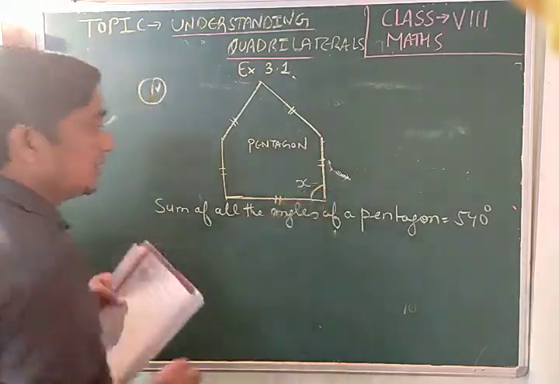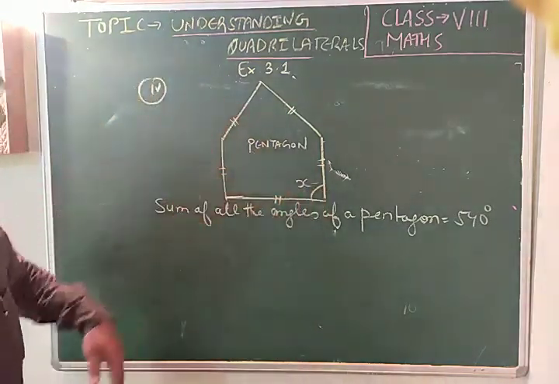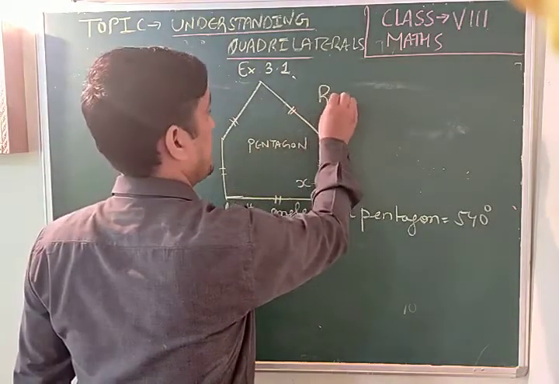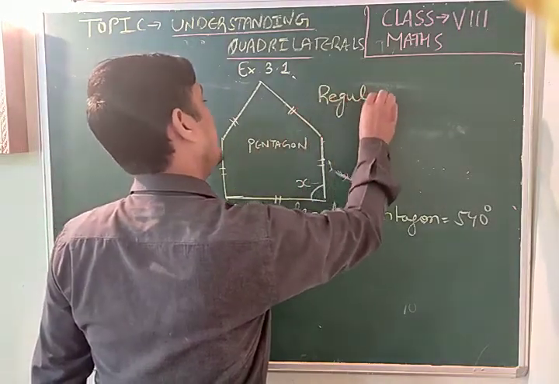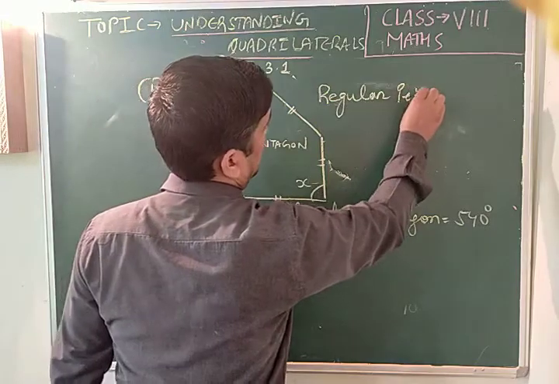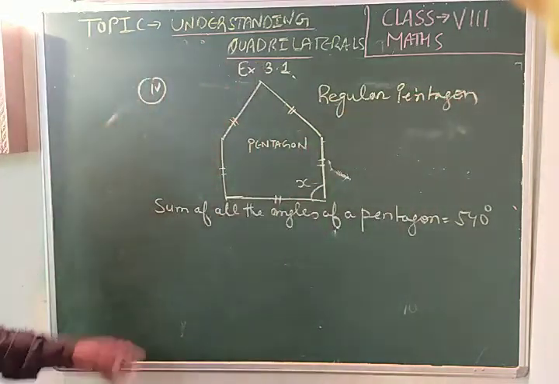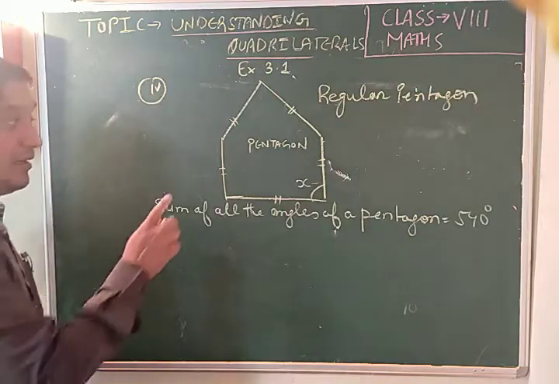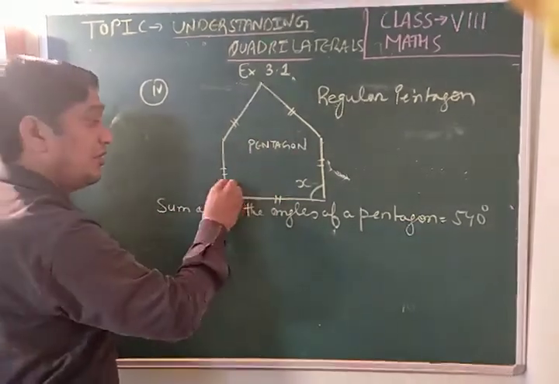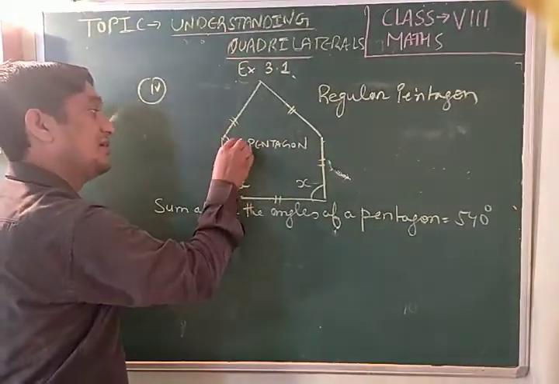Children, if all the sides were equal, it becomes a regular pentagon. And if it is a regular polygon, then if all sides are equal, all angles will also be equal.